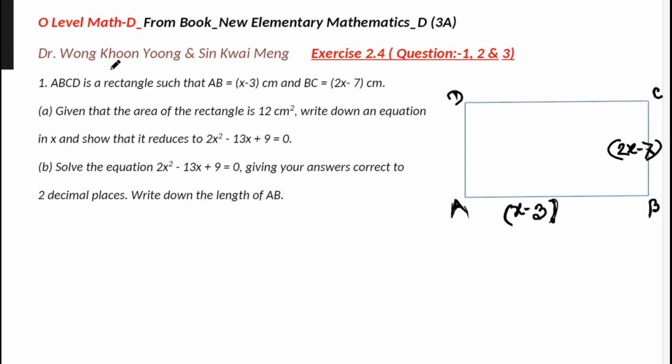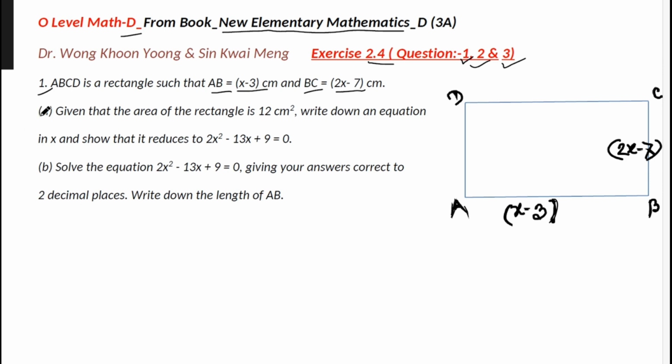In this video, I am about to solve O-level mathematics syllabus D from this book, exercise 2.4, questions 1, 2 and 3. Here question 1 says if ABCD is a rectangle such that AB is equal to x minus 3 centimeter and BC is equal to 2x minus 7 centimeter.